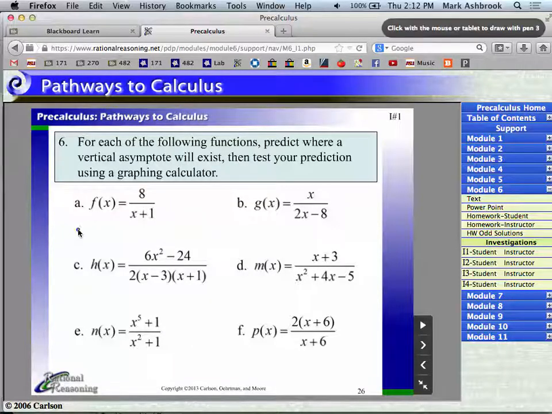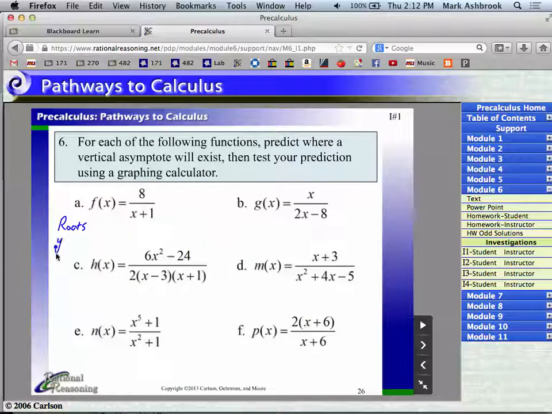So I'll list them here. Roots, the y-intercept, and the vertical asymptotes. All 3 for A through C.